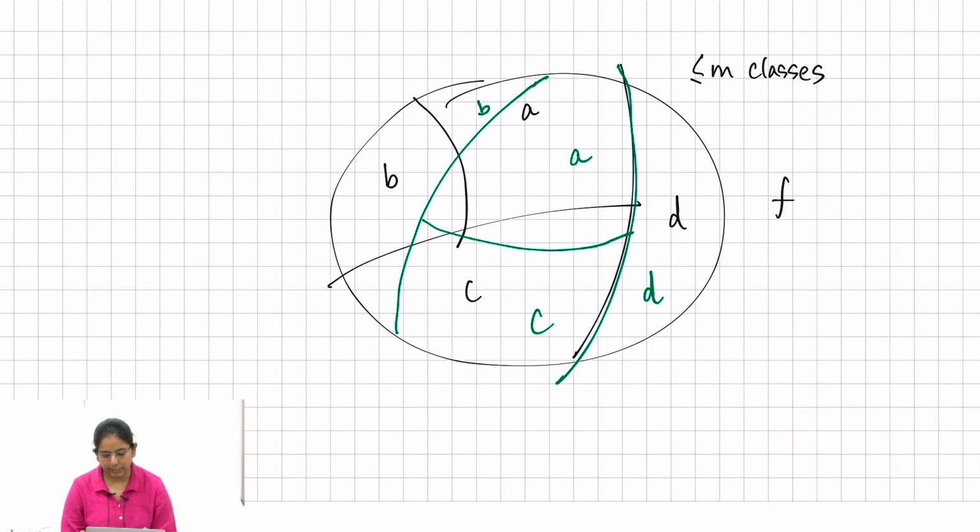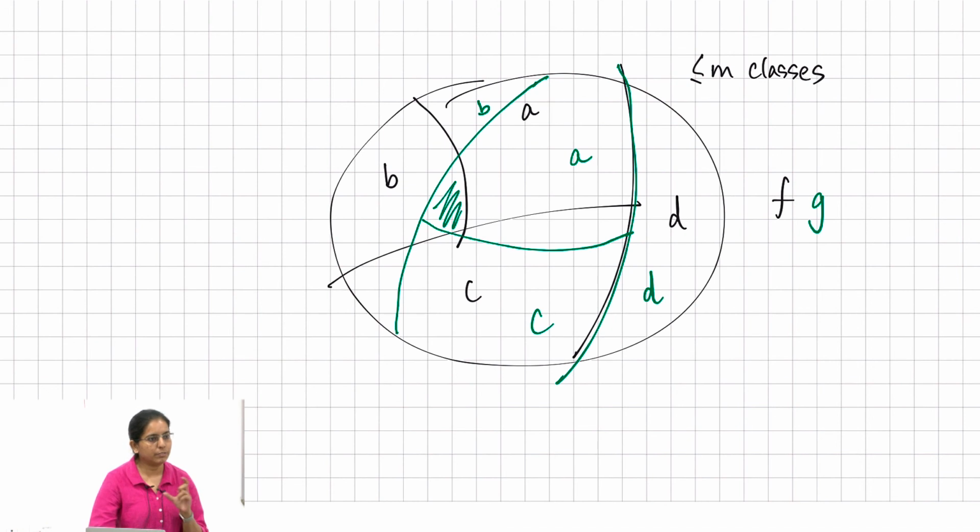So this is a slightly different partition. You can see that on these profiles, F is reporting B, but G is reporting A, and so on, right? So there are profiles where these two mechanisms feel differently about who should win, okay? And that's the distance between two mechanisms. It's the number of profiles on which they have different output.